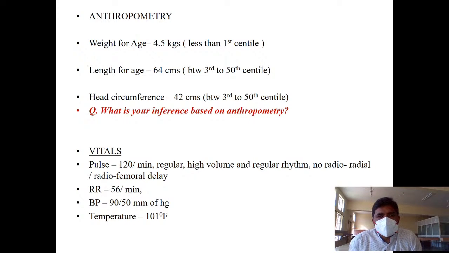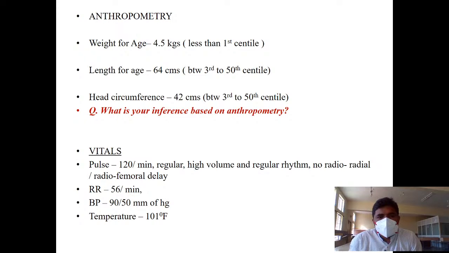Then you go on to take anthropometry and vitals. It has to be vitals first, later the anthropometry. So vitals here: the pulse is 120 per minute, regular, high volume, no radio-radial or radio-femoral delay.